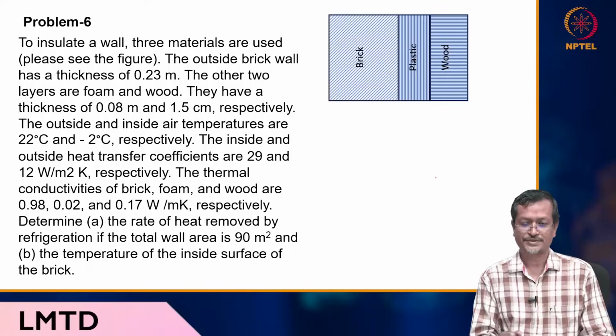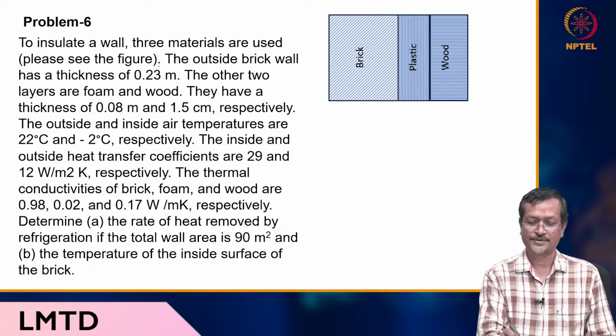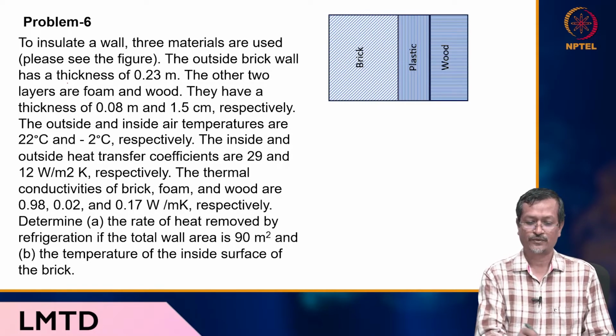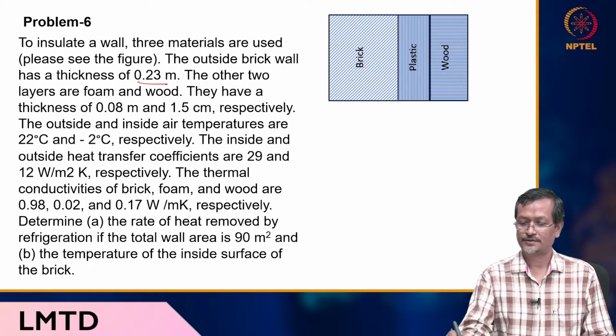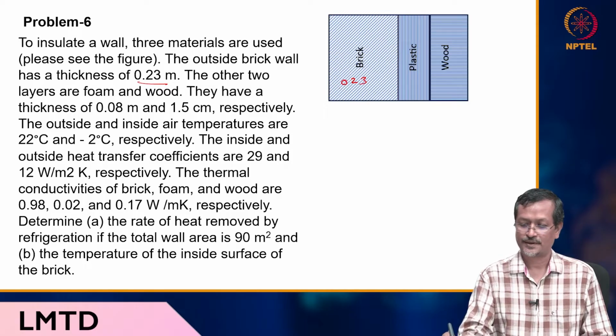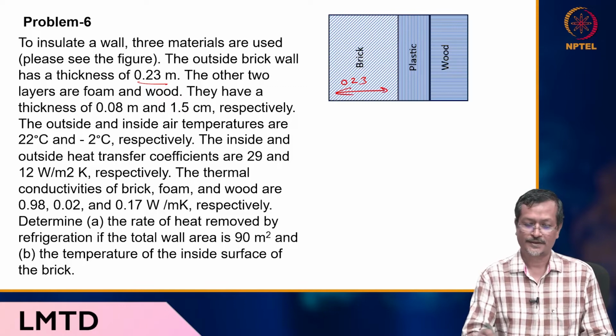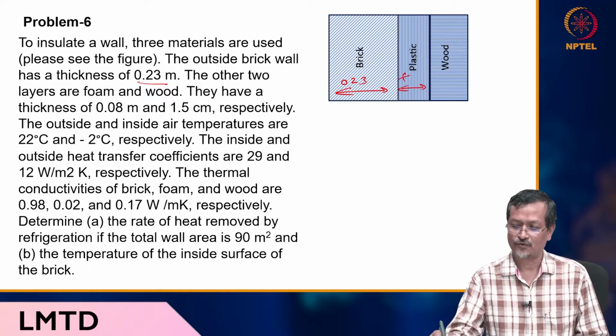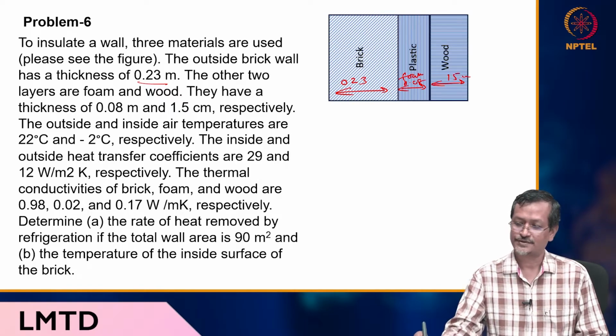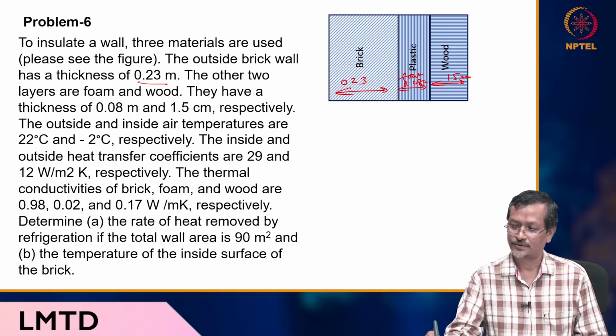Problem 6: to insulate a wall, 3 materials are used. Please see the figure. The outside brick wall has a thickness of 0.23 meter. The other two layers are plastic or foam, 0.08 and 1.5 centimeter, 0.02 meter.